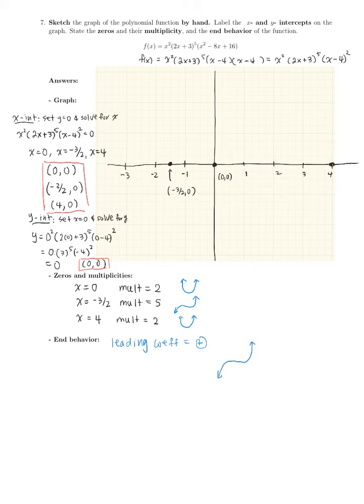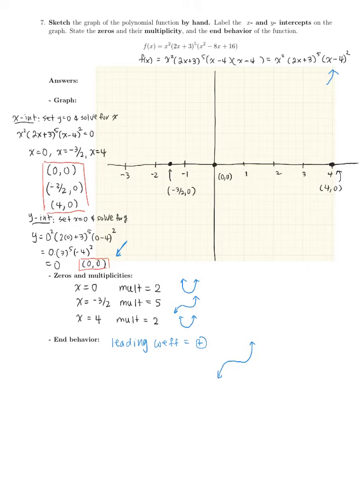Now 4 comma 0 is right here, so that's our 4 comma 0. Okay, so that's where the graph is going to change its behavior. All right, so now notice that your graph is going to be going down this way and then up this way no matter what. So keep that in mind.